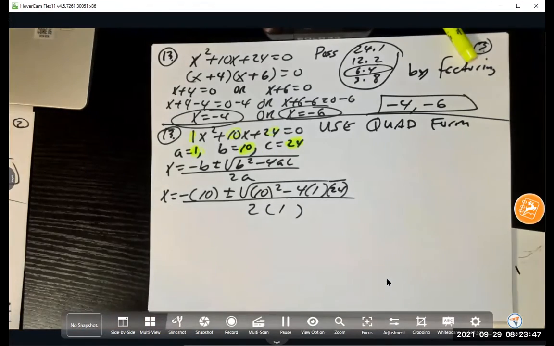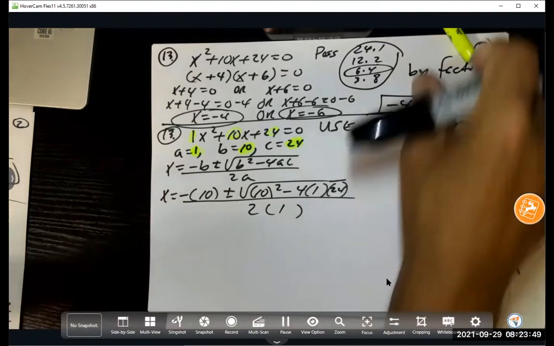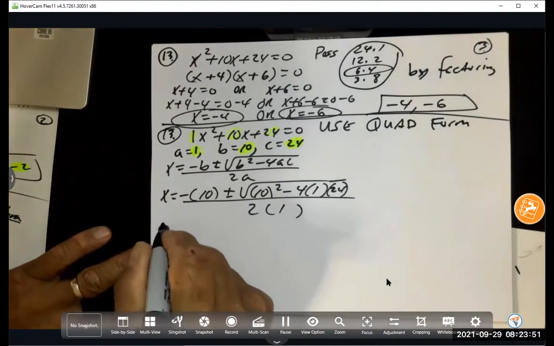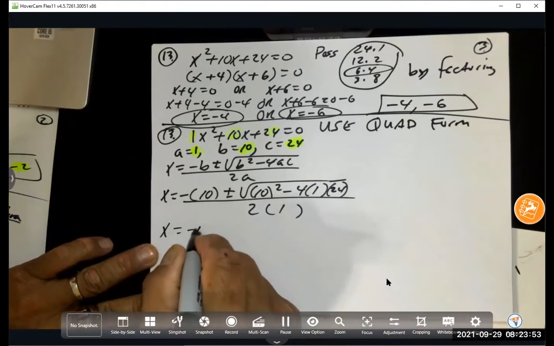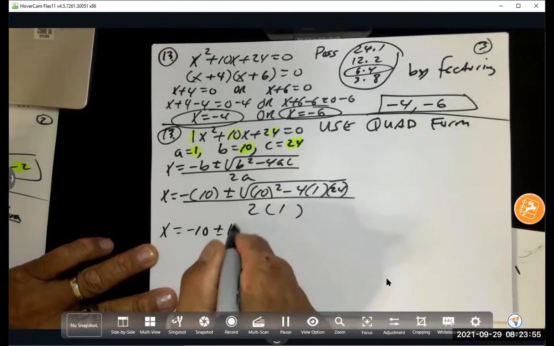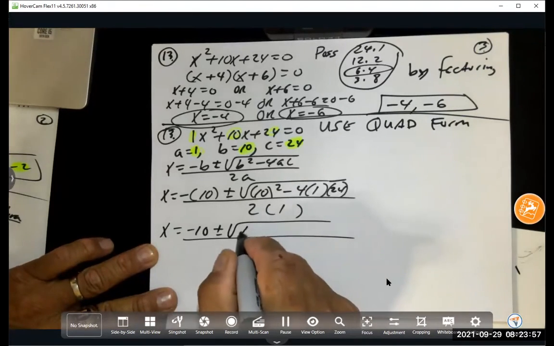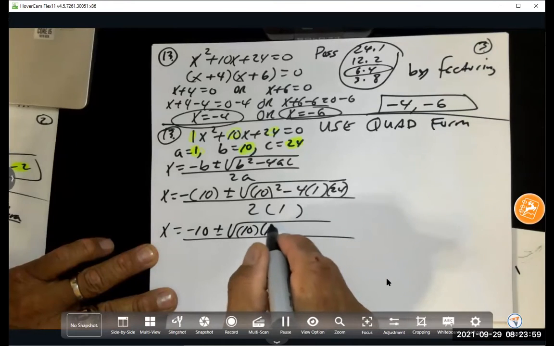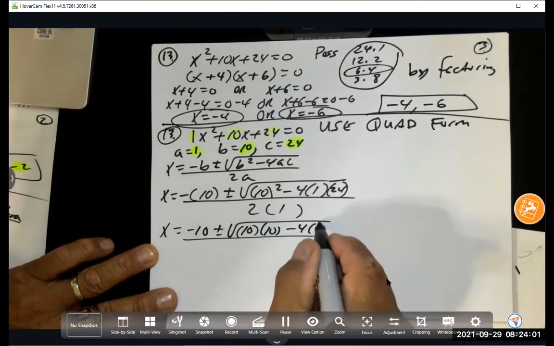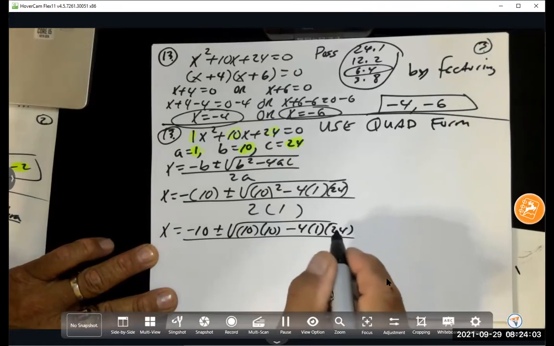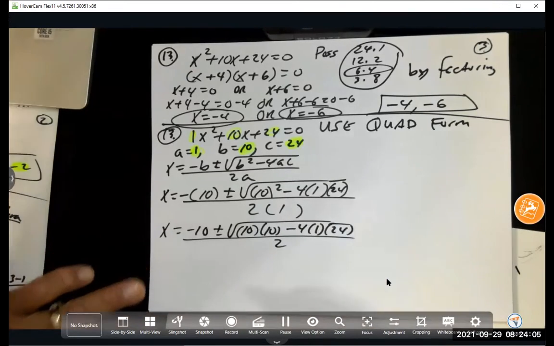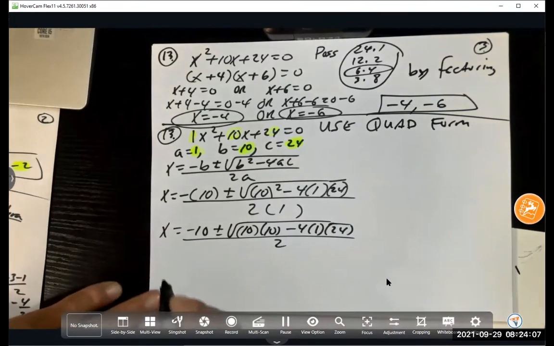Everybody okay with the numbers? Now I'm going to do arithmetic stuff. This is going to be -10 plus or minus, and this is going to be 10 times 10. I'll do that in a little bit, over 2.